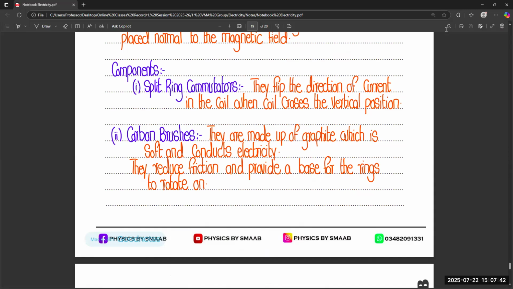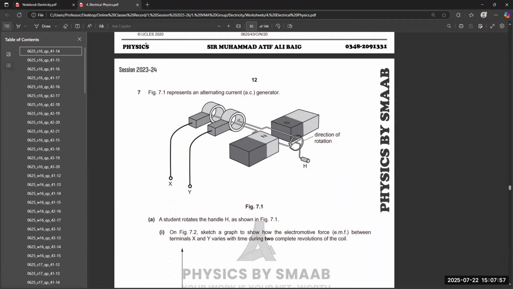And now, if we solve some questions from the past papers, let's see how many questions we will get from this topic of DC motor.